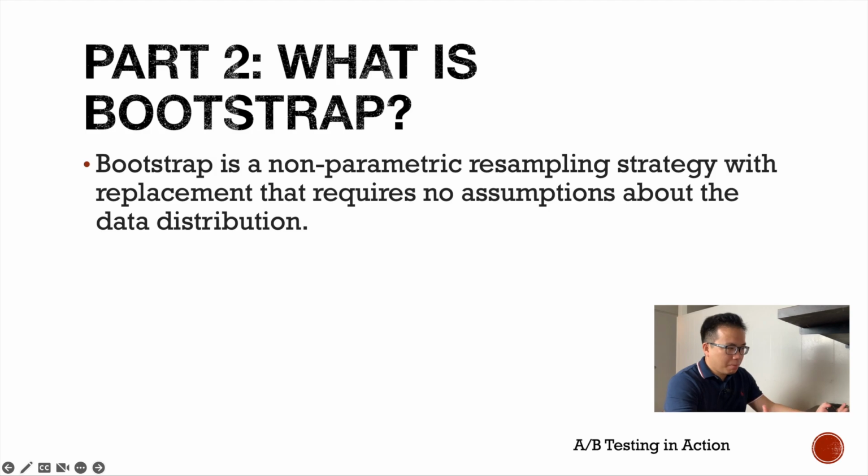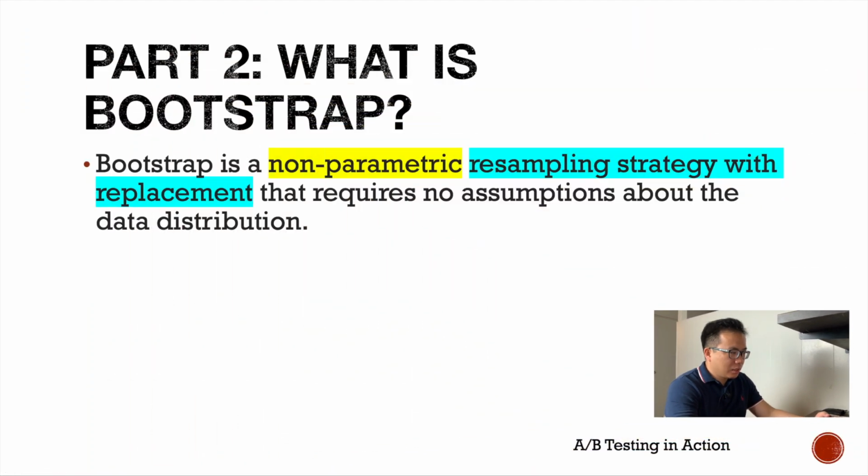Bootstrap is a non-parametric resampling strategy with replacement that requires no assumptions about the data distribution, which means we do not assume any data distribution for the Bootstrap method, and it is a resampling process with replacement. Resampling with replacement means every single time we take a sample from the original population, we put it back next time when we resample again.